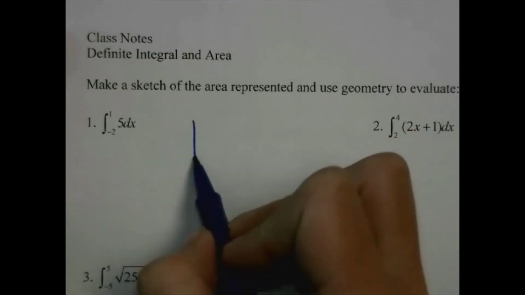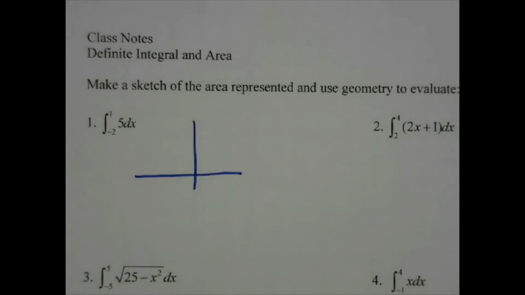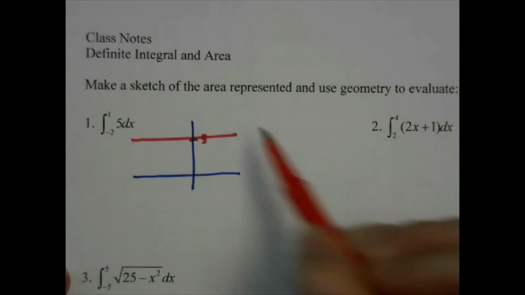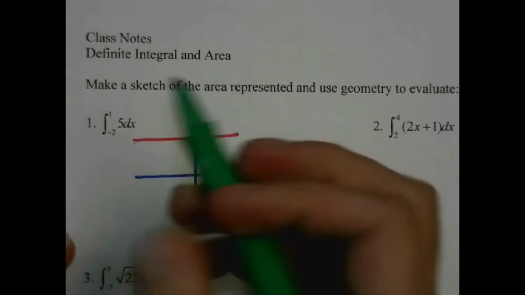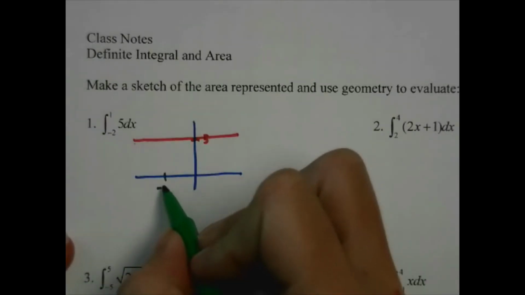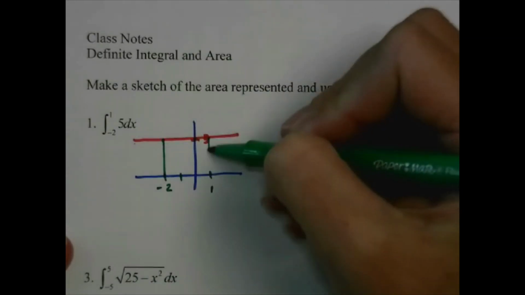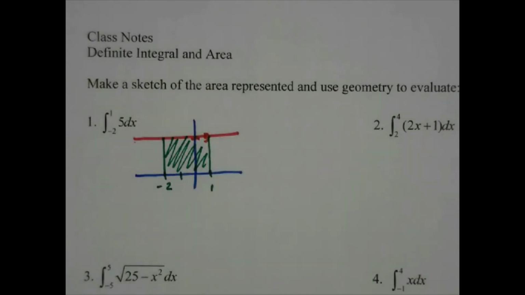So if I were to graph the function y equals 5, that's just going to be a horizontal line. So we want the area from -2 to +1. So this is our area that we are going to find.